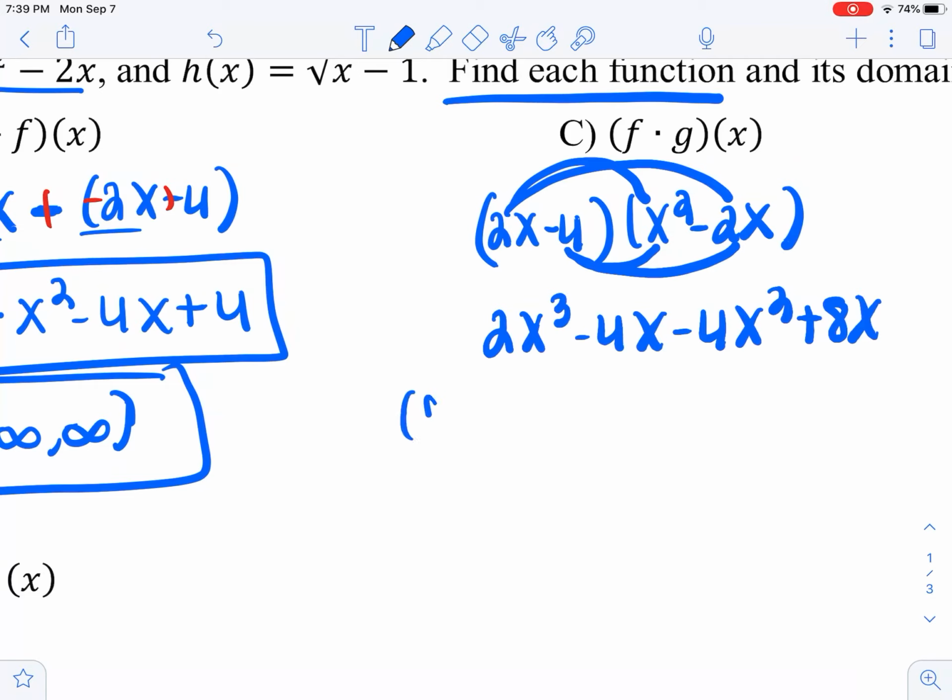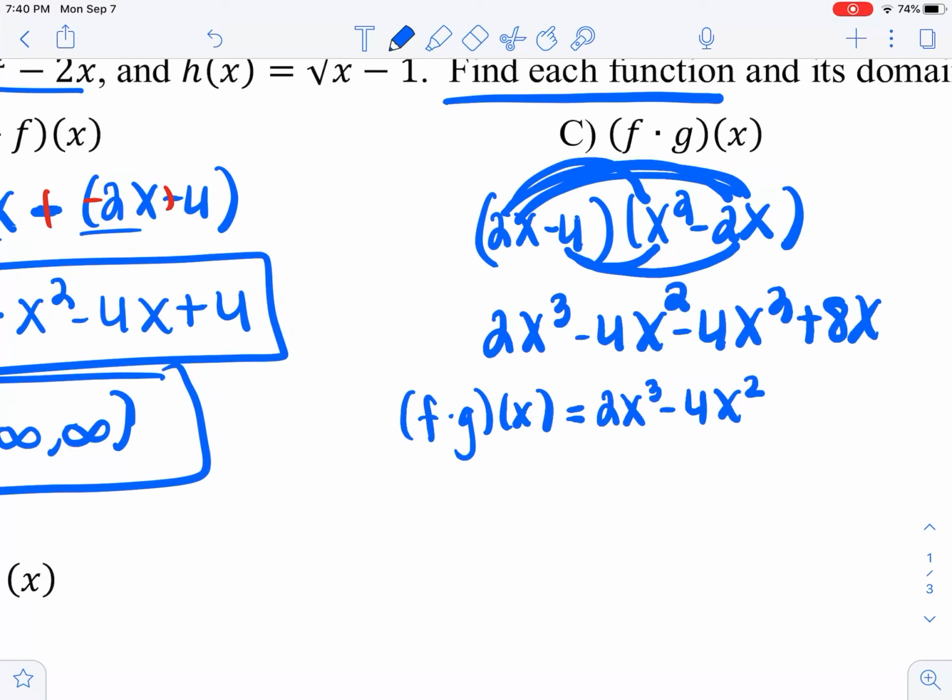Okay, so I'm going to write my final answer here. F times g of x is standard form, so the cube's going to come first, 2x cubed, minus 4x squared, and then there are like terms that I can combine. Oh, but no, there shouldn't be. Where did I make a mistake? Let's see, 2x times negative 2x is negative 4x squared. So there were like terms, but it was supposed to be those two.